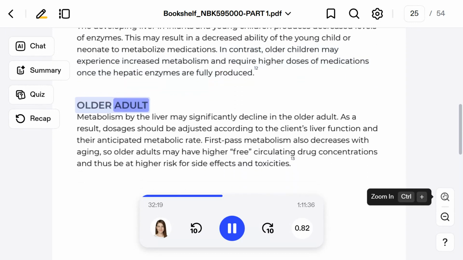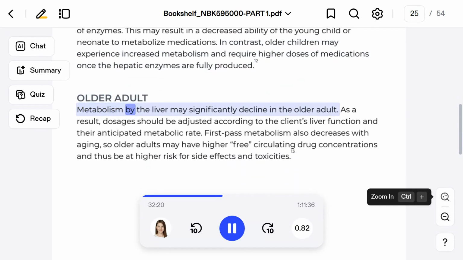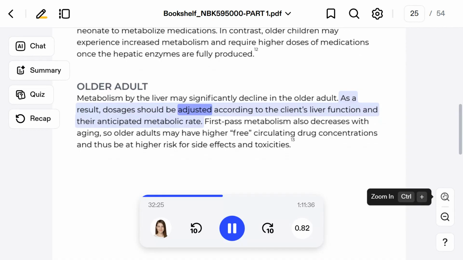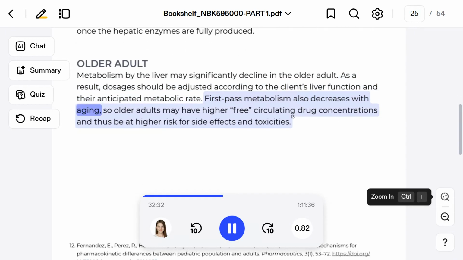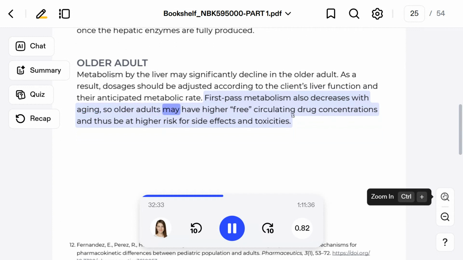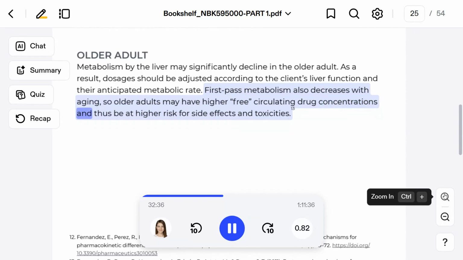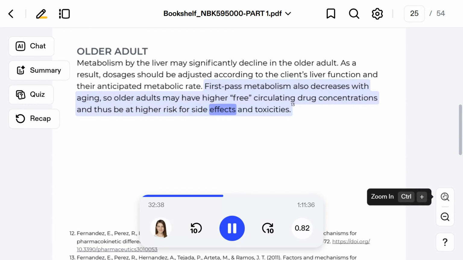Older adult. Metabolism by the liver may significantly decline in the older adult. As a result, dosages should be adjusted according to the client's liver function and their anticipated metabolic rate. First-pass metabolism also decreases with aging, so older adults may have higher free circulating drug concentrations and thus be at higher risk for side effects and toxicities.